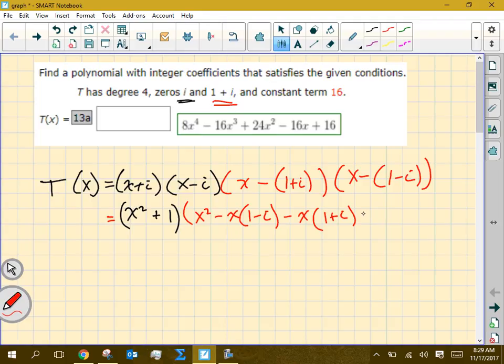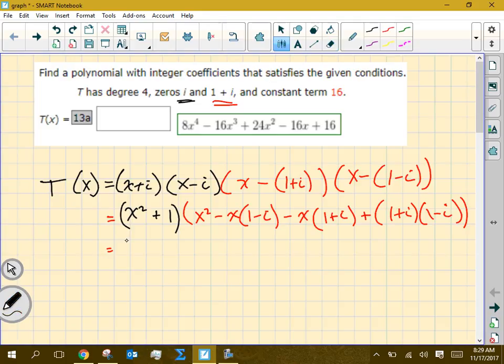Negative times a negative is a positive, and then I'll have 1 plus i and 1 minus i. And that's what that red stuff comes out to be. Now, as I go through, I'm going to simplify that red product. I'm really struggling here with my cursor not wanting to show up.